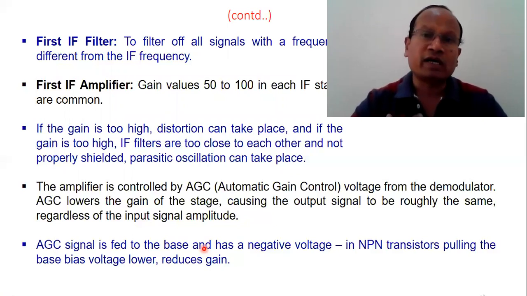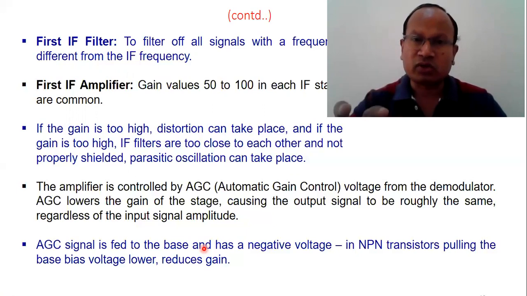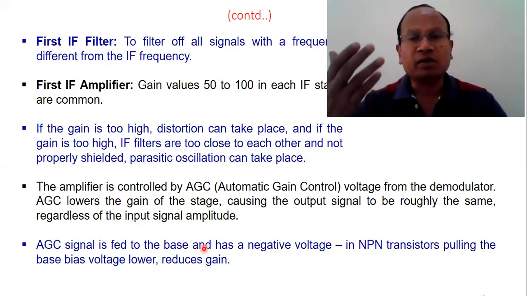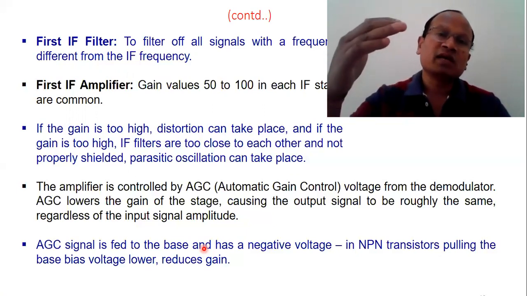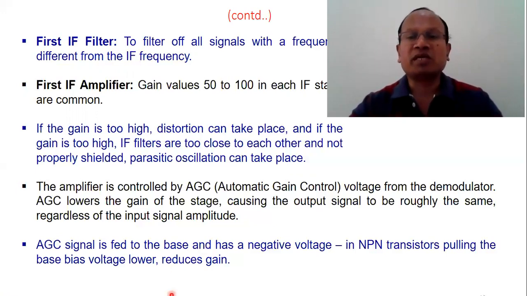So when we want to address the variation in amplitude, the distortion has to be removed, and when we want to reduce the distortion, the gain has to be appropriately controlled. And this can be done by providing a negative bias in a feedback mechanism from the detector to the IF amplifier stage, to the base input of the common emitter, maybe NPN transistor amplifier.